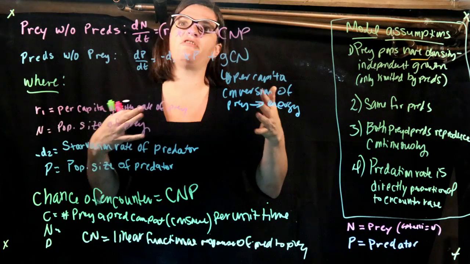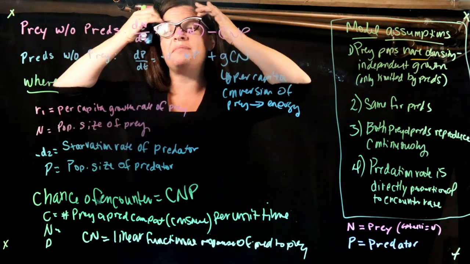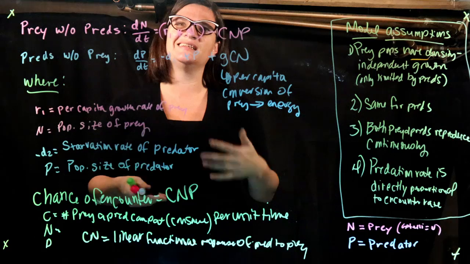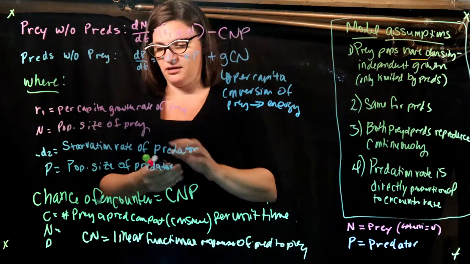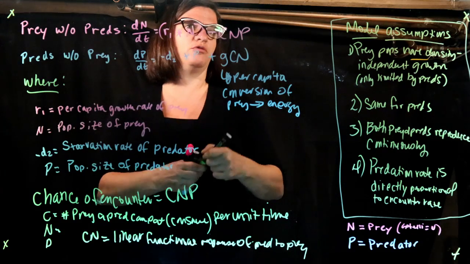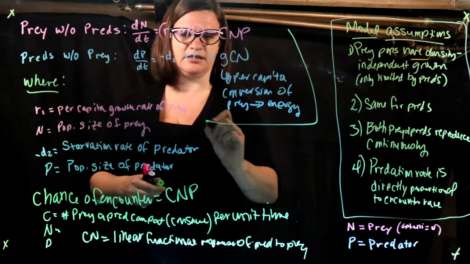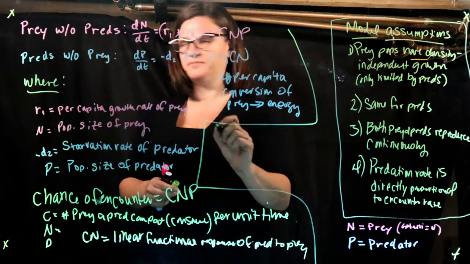So, like many of our population models, what we're really interested in is understanding what's happening at equilibrium. So mathematically, at equilibrium, we have the following. I'm just going to separate that out here.